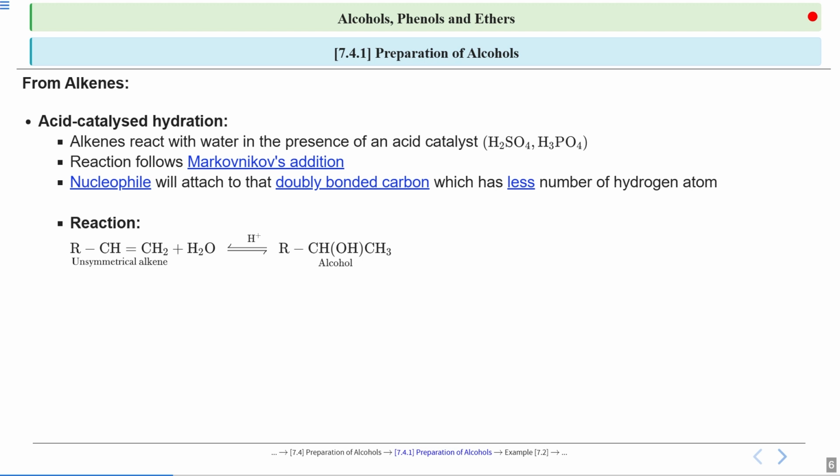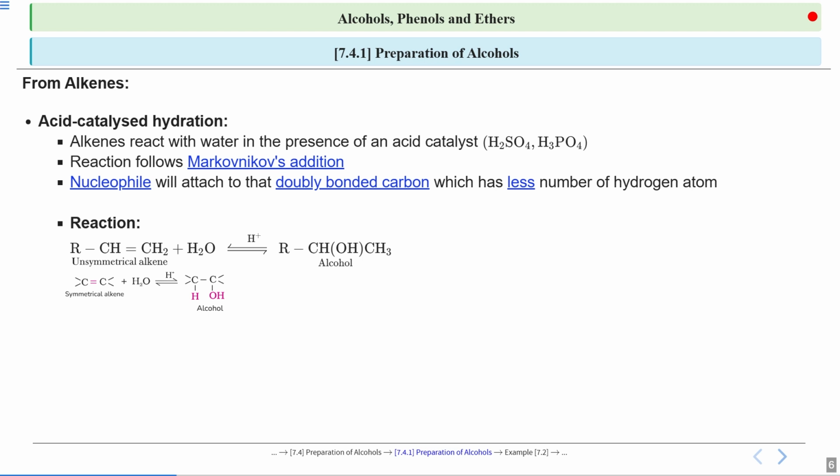So OH here will act as a nucleophile, OH minus, and will attack the double bonded carbon which has the lesser number of hydrogen atoms. You can clearly see in this unsymmetrical alkene, the second carbon of the two double bonded carbons is having only one hydrogen, the first carbon having two hydrogens. So the lesser number of hydrogen atoms is present on the second carbon. So the OH nucleophile will attach on the second carbon and you will get a secondary alcohol, right?